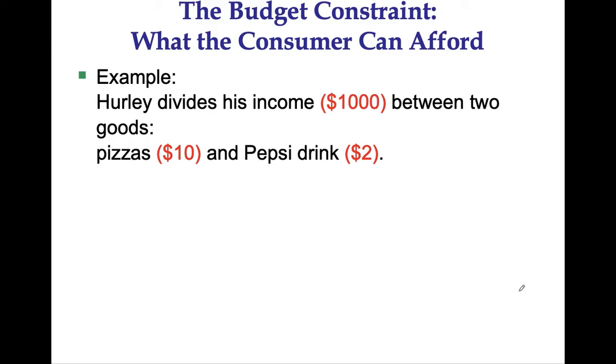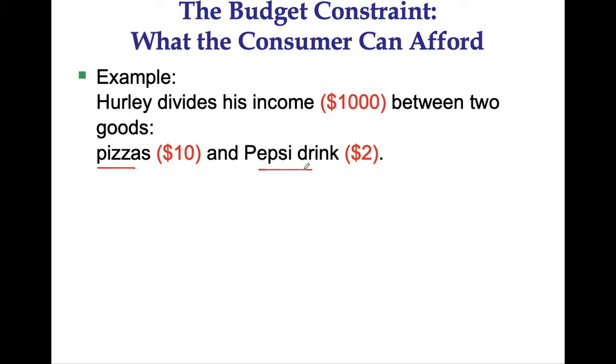Of course, in the real world, we have thousands of goods, but here, for the matter of modeling, and you know that when we work on models, we should simplify reality. So we will assume that in this simplified world, there are only two goods, pizza and Pepsi drink.